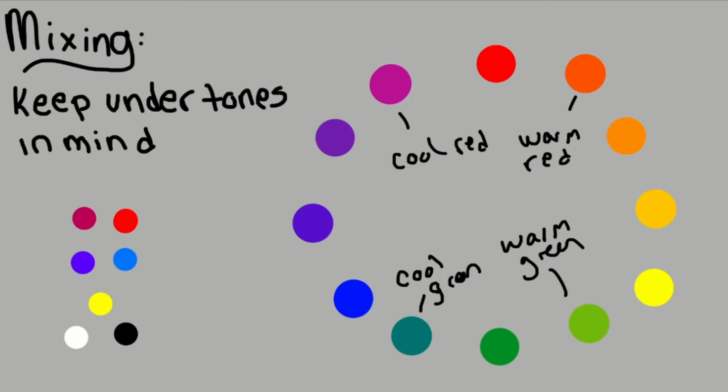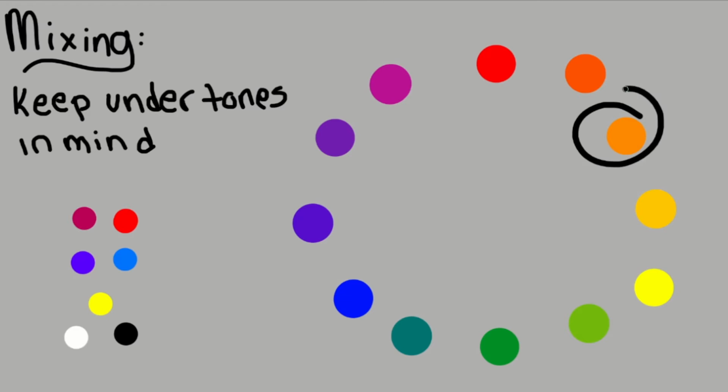So for mixing colors, you want to keep undertones in mind, so back to like a cooler red or a warmer red. Let's say you want to mix an orange. So in order to do that, you mix red and yellow.